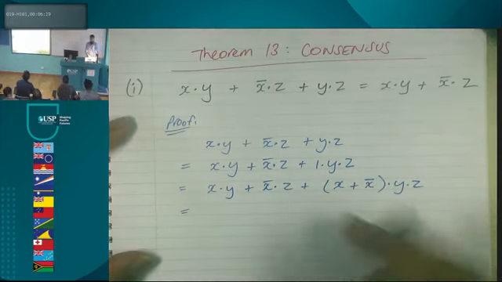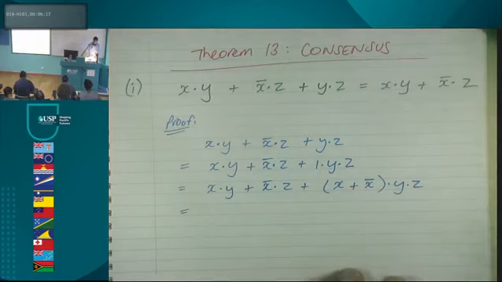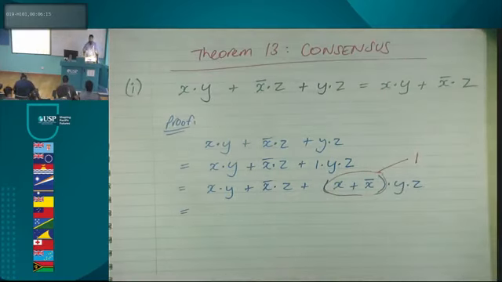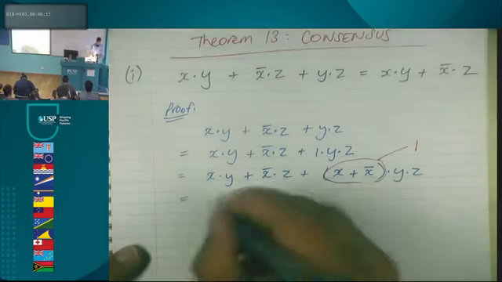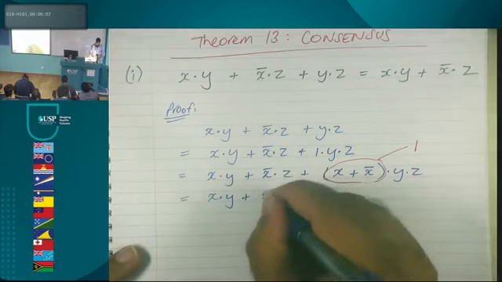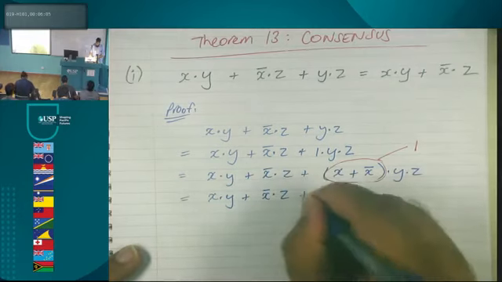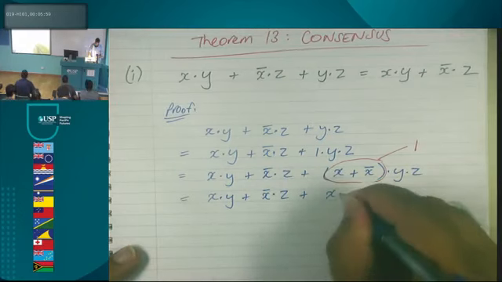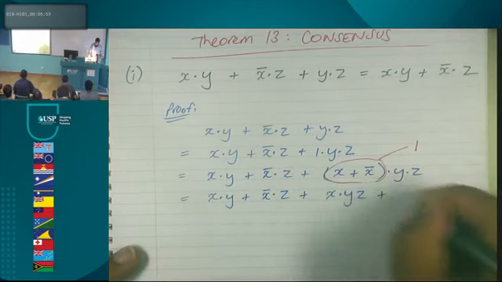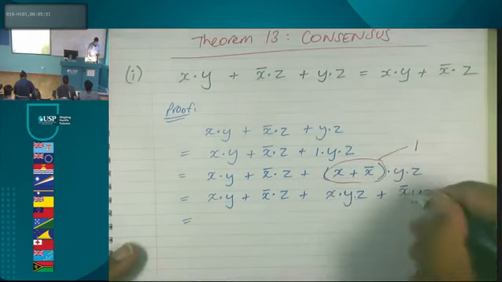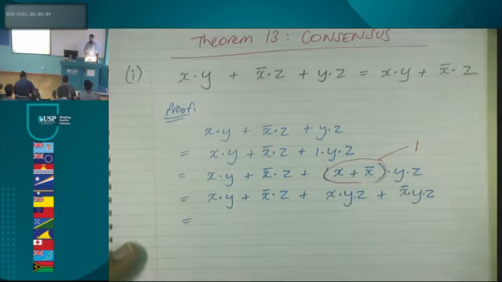Yeah, that's the same as 1. We can say that this guy here is 1. Set? Everyone happy? Okay, now we expand. If we expand this, that becomes xyz or x bar yz. Yeah? Okay.